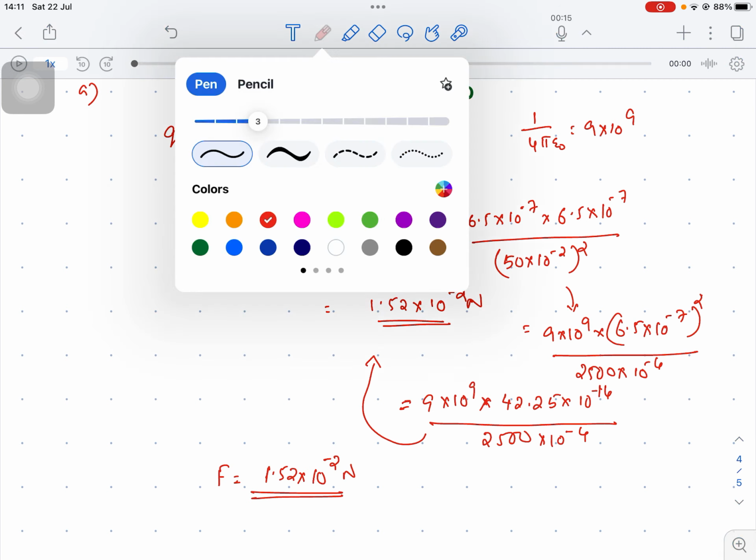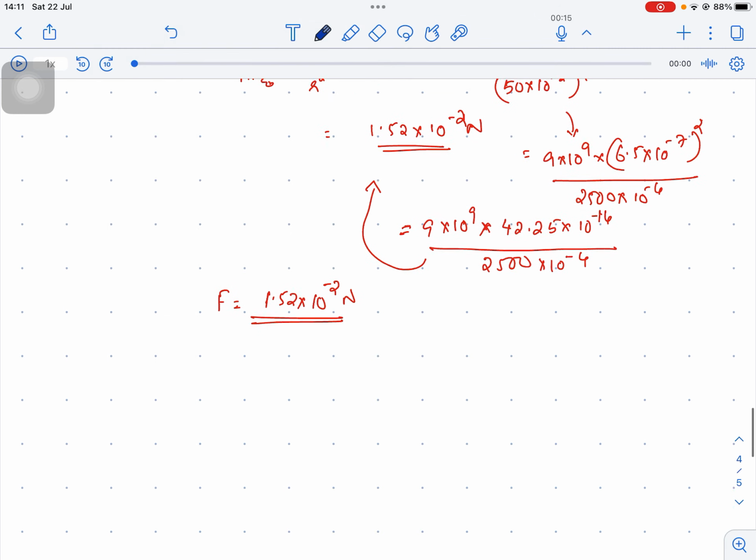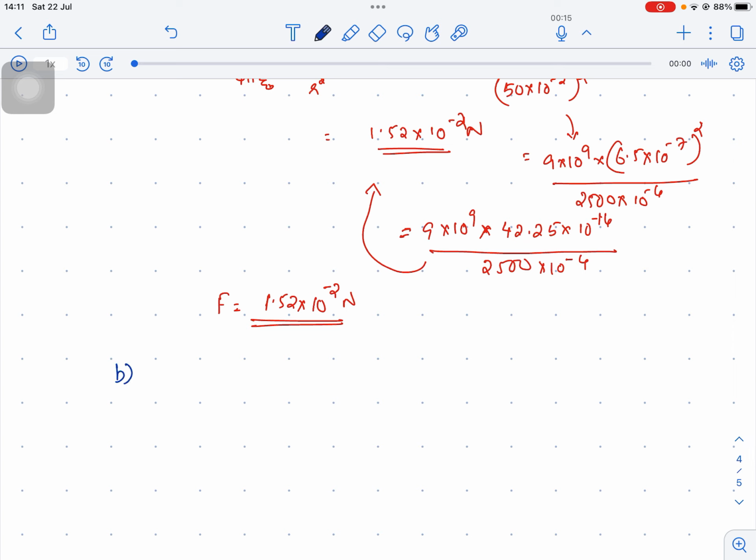Two things they have provided, that is, both charges are doubled. That means new charge QA dash is equal to 2 times QA. QB dash is also equal to 2 times QB. And the distance between them is halved, that means R dash is equal to R by 2.